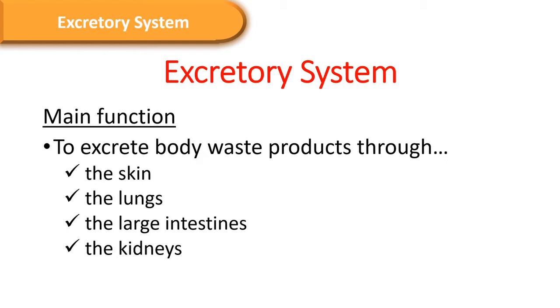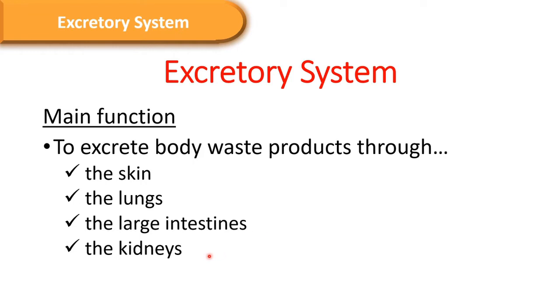Excrete means to remove the body waste, like your carbon dioxide, your urea, your poop. They are waste products that we don't need. They are removed through your skin, your lungs, your large intestines, and your kidneys.